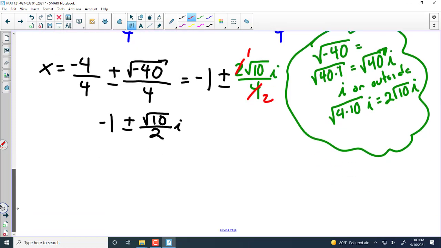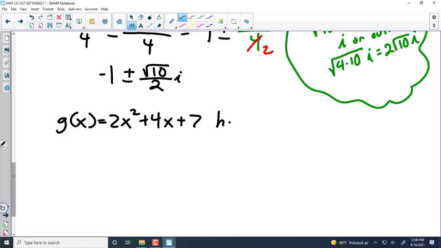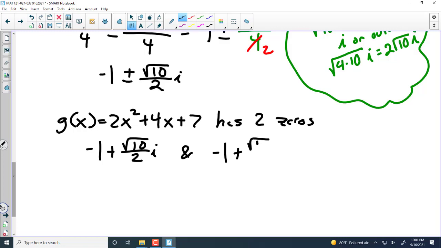What's my claim, everyone? My claim is this. g of x equals 2x squared plus 4x plus 7 has two zeros. -1 plus the square root of 10 over 2 i, and -1 plus the square root of 10.